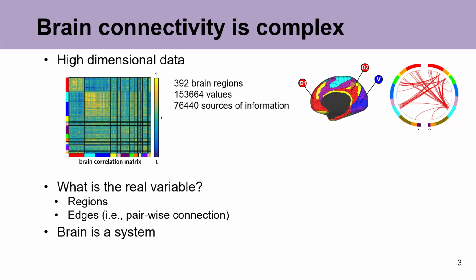Yes. So the question is, does each parcel only belong to one network? The answer is yes, usually. But it depends. Sometimes this is the canonical network. So we tend to cluster these brain regions into different groups, but there are also different ways of grouping them.